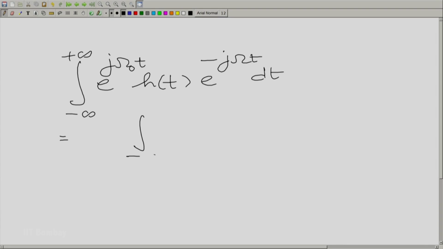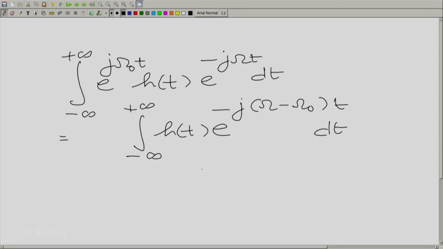And very easily you see that this is essentially h(t) e raised to the power minus j (omega minus omega naught) t dt, which is simply H(omega minus omega naught), and there you are, we have the answer.